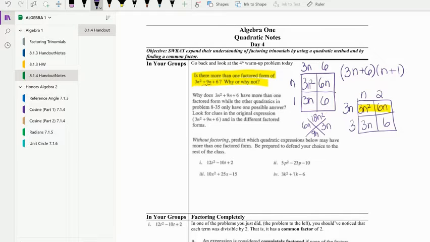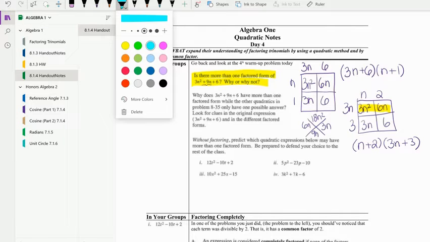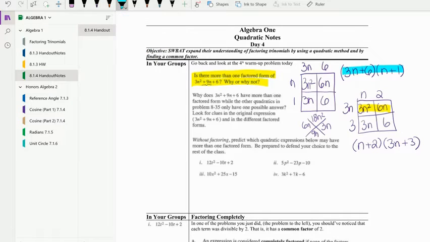N times 3 would be 3n, and 2 times 3 would be 6. So I end up getting n plus 2 and 3n plus 3. So these are my two answers right here.